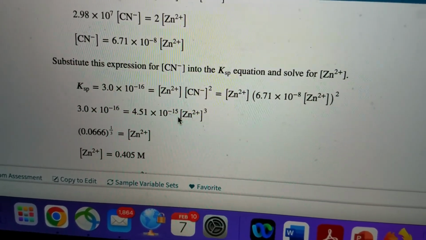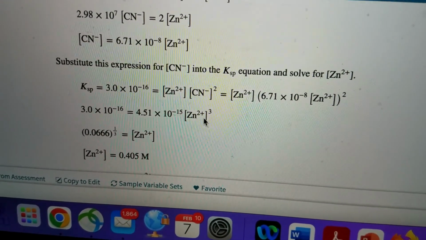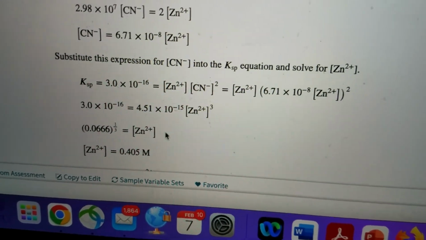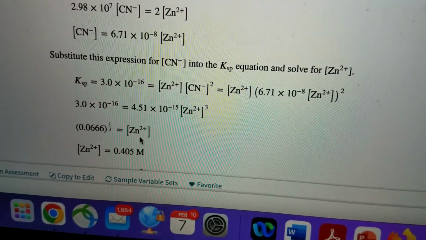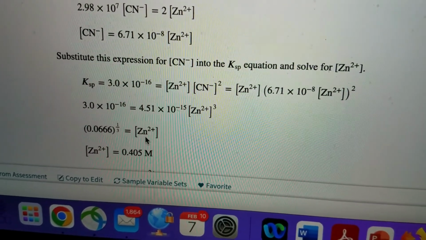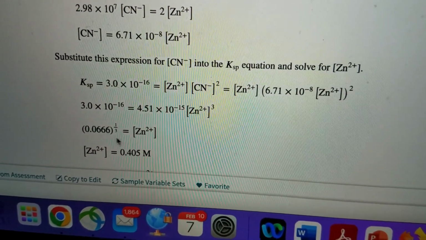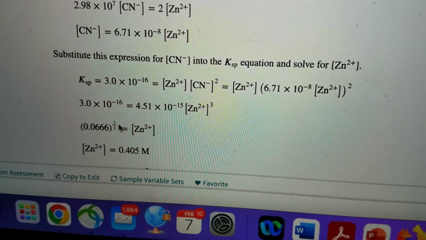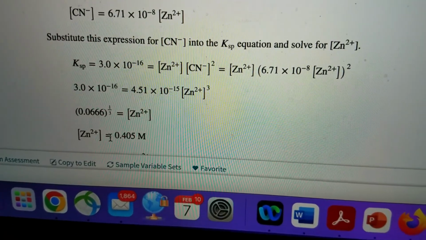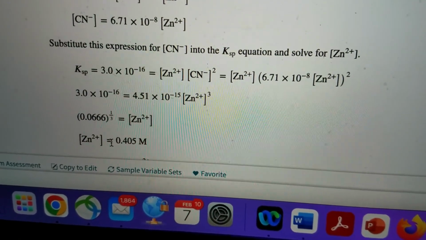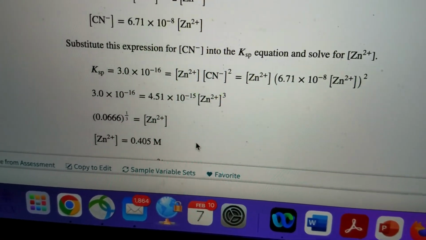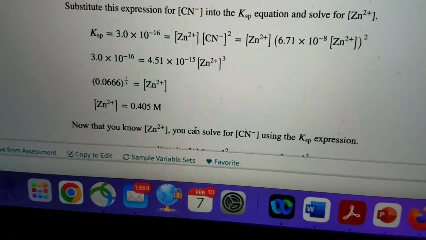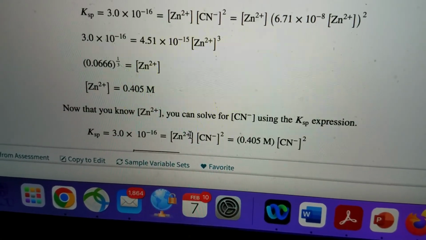After the math, you will have zinc to the 3rd power. Then you will get zinc's concentration equals 0.0666 to the power of 1 over 3, and you should be able to get zinc's concentration, 0.405.